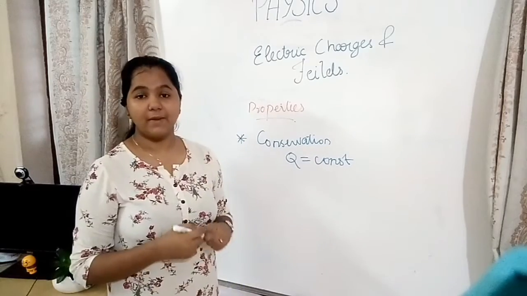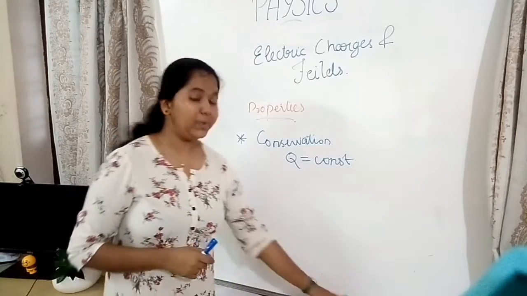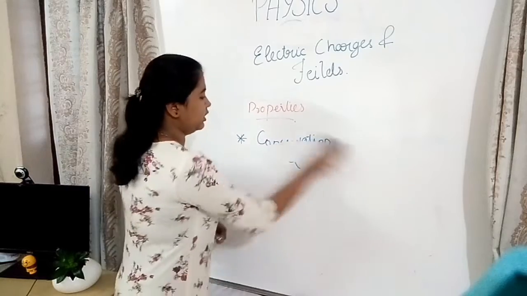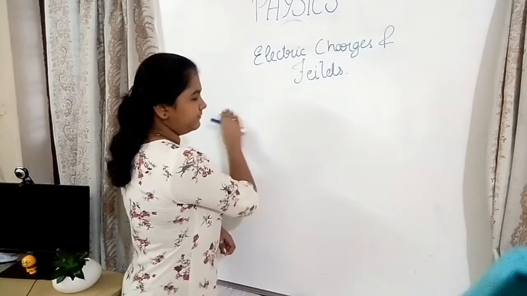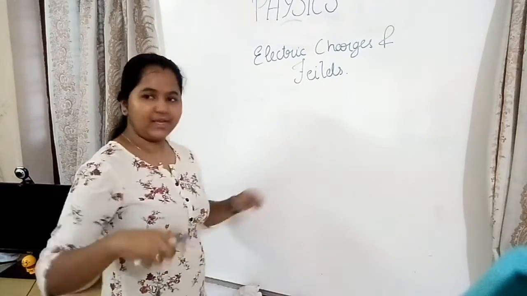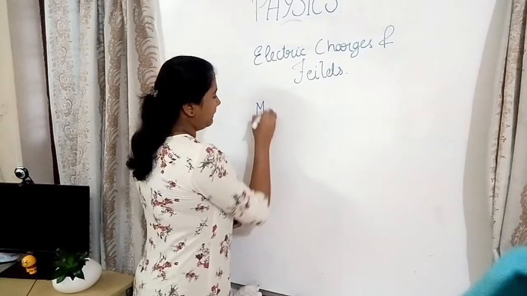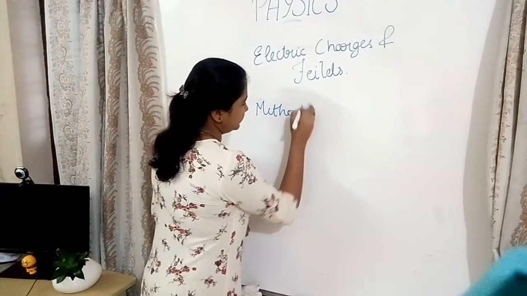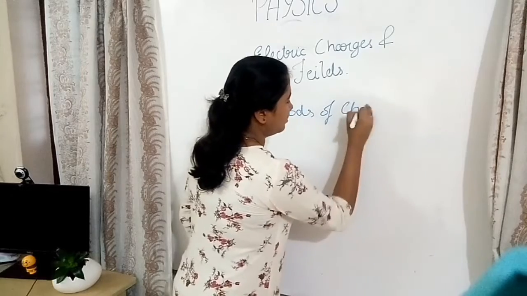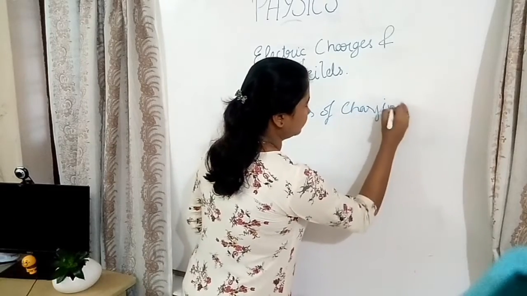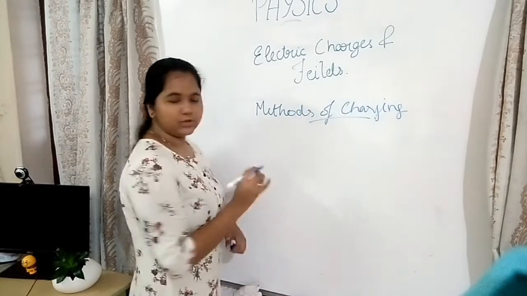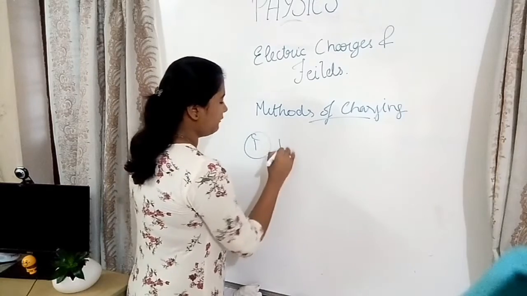Now we have to discuss the methods of charging. We have to learn three methods of charging. So let's list the three methods and then we'll learn about each in detail. Methods of charging. The first method is friction.